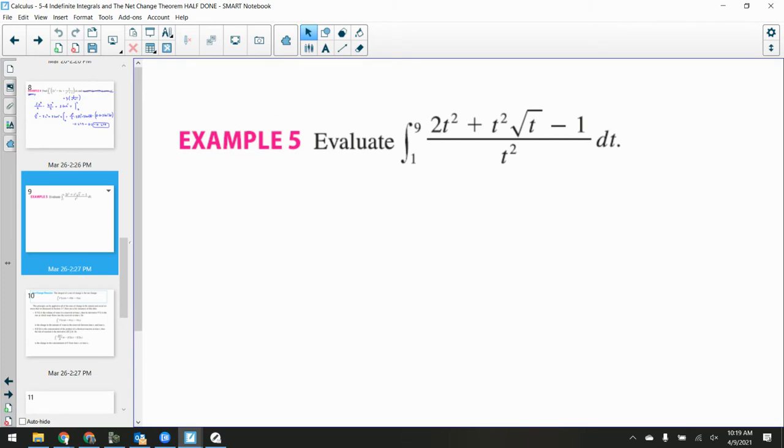So let's evaluate this. Take a look here. Is this definite or indefinite? Definite.